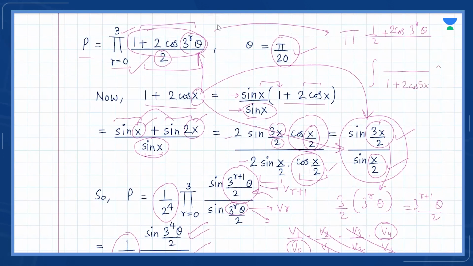There also this trick had to be used, whereby we multiply the numerator and denominator by sin 5x so that the cancellation can occur easily. So this is a very important technique that has been asked in previous year question papers and is often repeated in many exams.